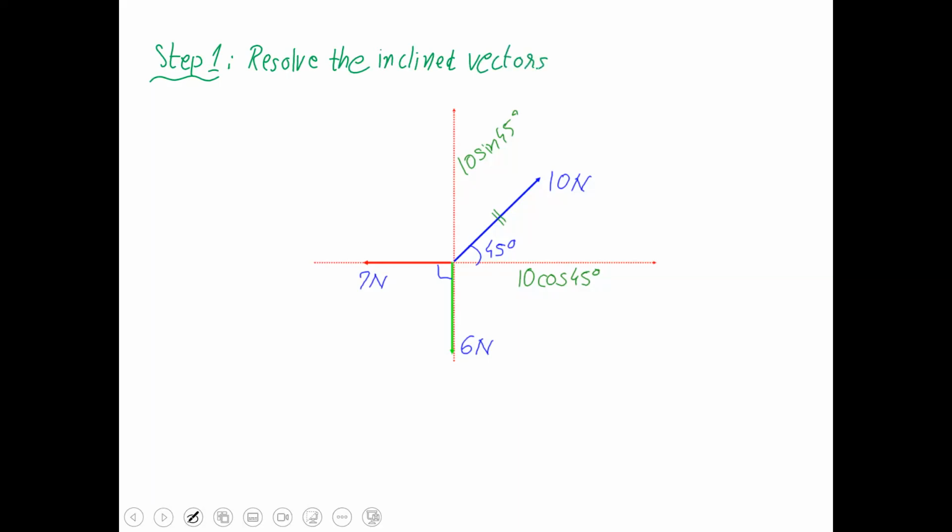This is step number 1. You can update the same diagram. Done, sir.